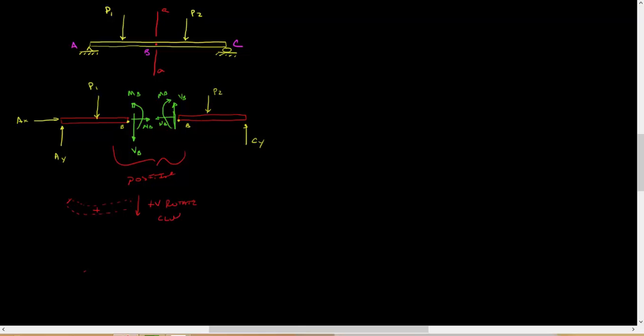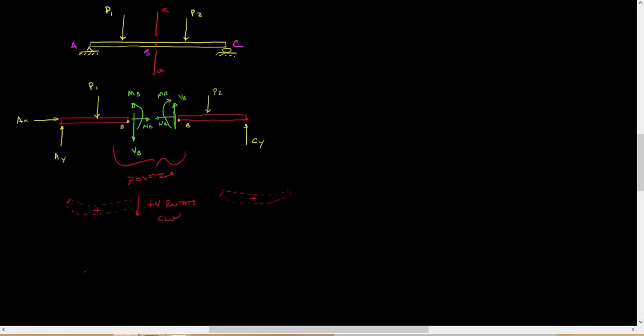If you notice, this shear is rotating this beam clockwise if I'm holding it at point A. And again, this moment here is also making this beam kind of do this, which is making it positive. So if it's making it smile, it's positive.